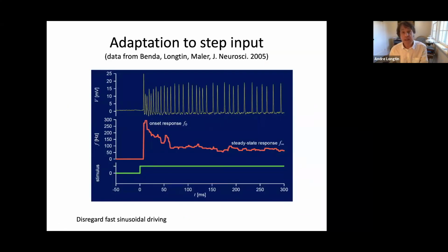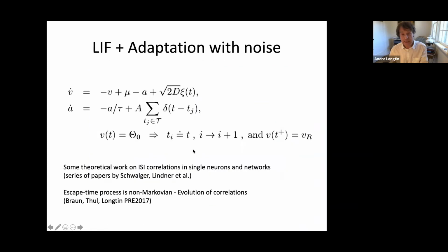All right, so back to adaptation. Now, if you put a step input, you'll see the firing rate go down. Okay, and there's been lots of work on integrate and fire with adaptation and noise. So these kinds of models have a -a term, where a is the adaptation process with its own time constant.